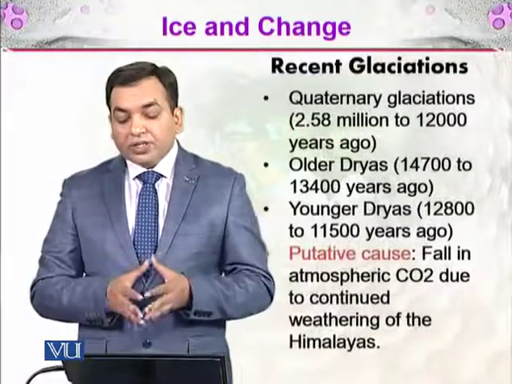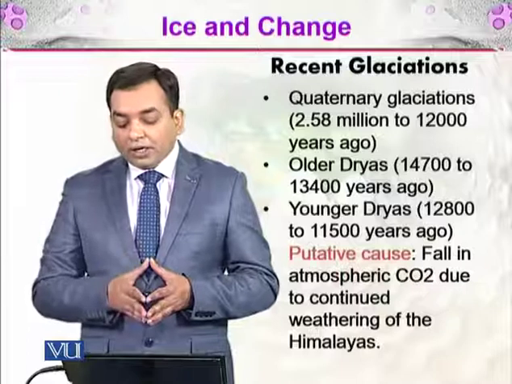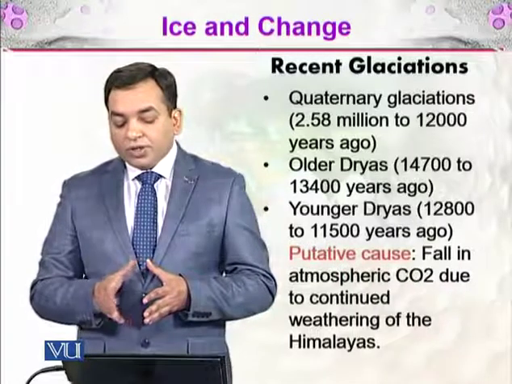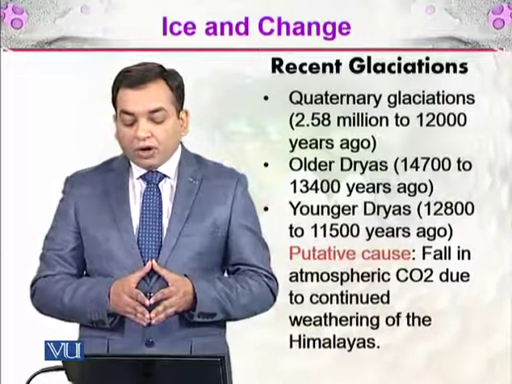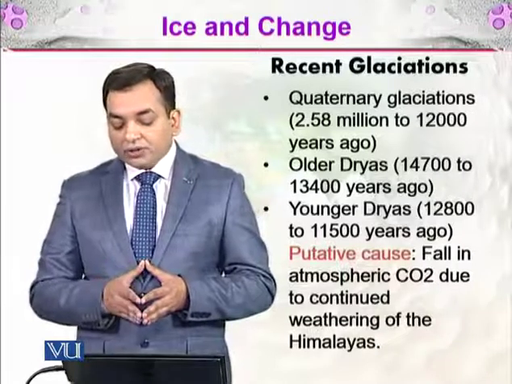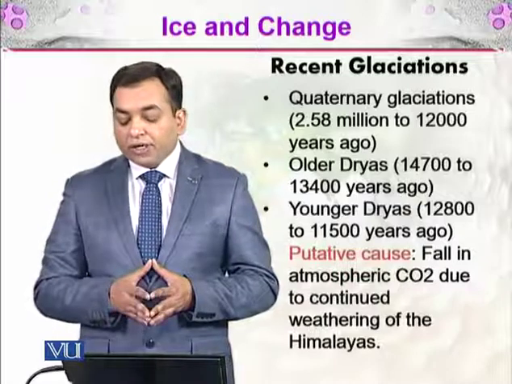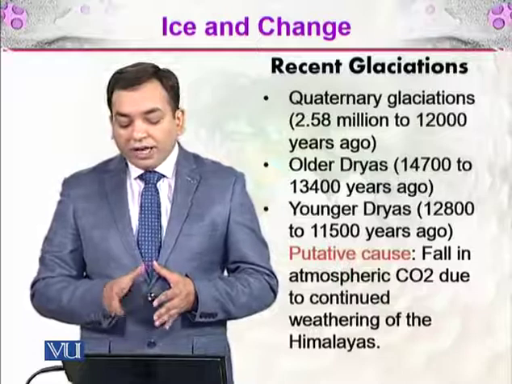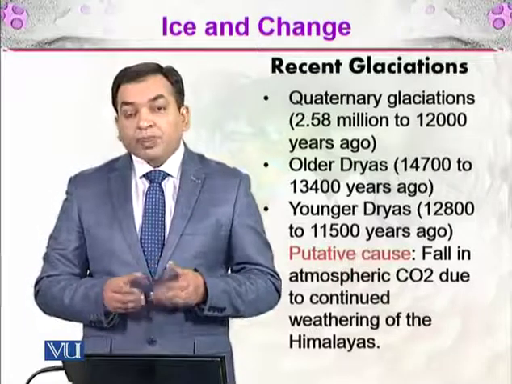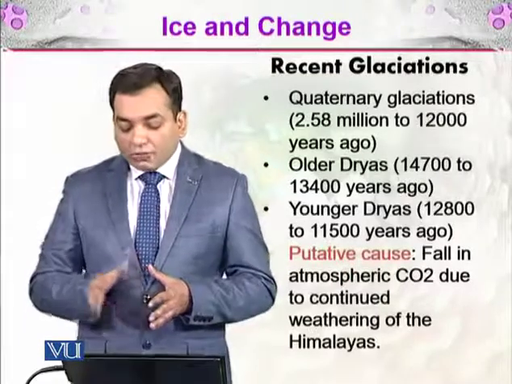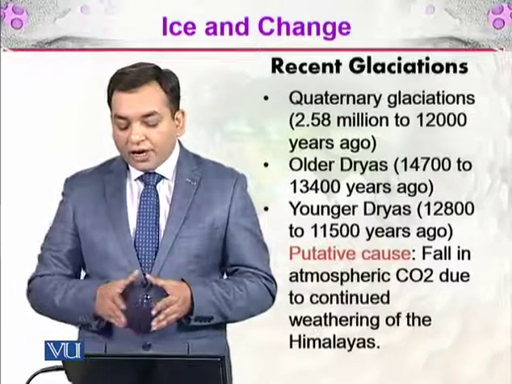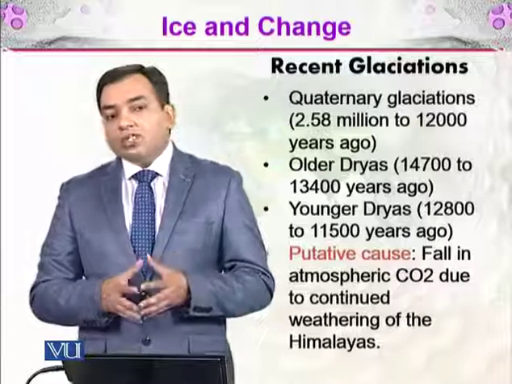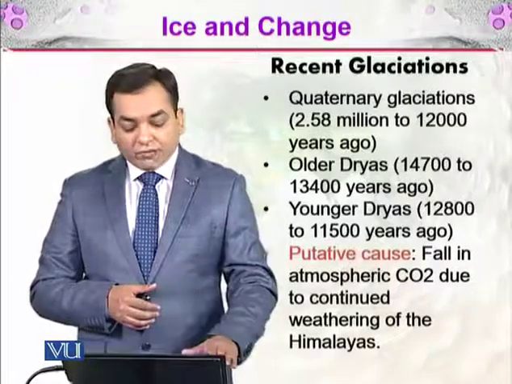Then there is the recent glaciation, the Quaternary glaciation, from 2.58 million to 12,000 years ago, with the Older Dryas, 14,700 to 13,400 years ago, and the Younger Dryas, 12,800 to 11,500 years ago. What were their putative causes? The fall in atmospheric carbon dioxide due to the continued weathering of the Himalayas. All of these are the ice ages that have occurred.